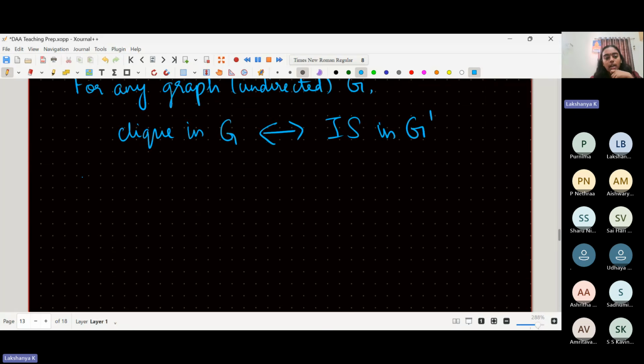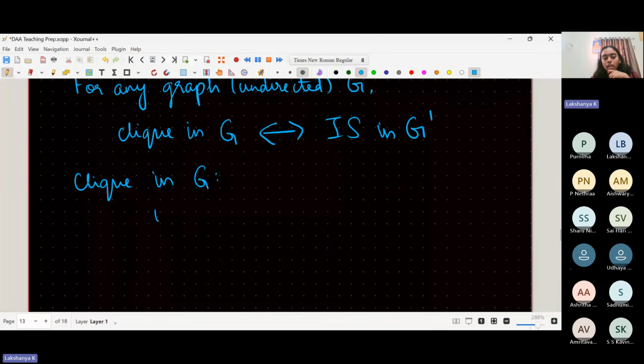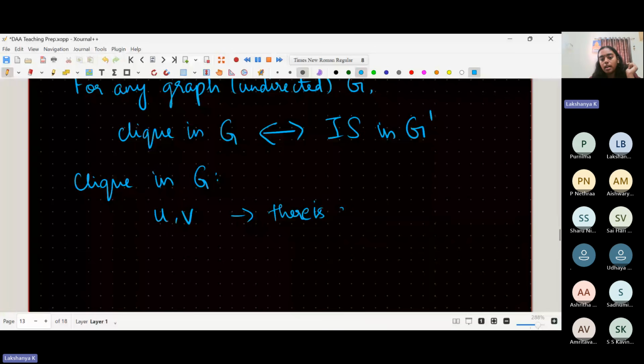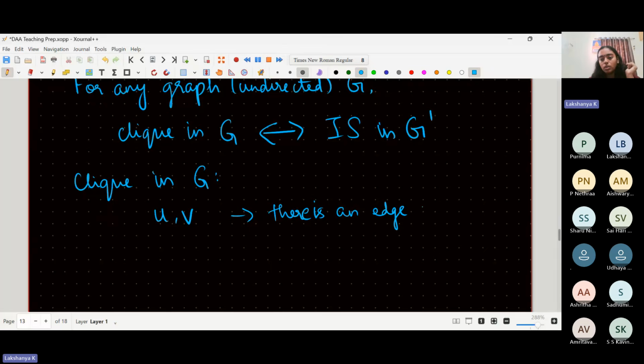So you have a clique in G. Let's say there are two nodes U and V. It means they are connected by an edge. There is an edge U to V in G. It could be V to U also, the graph is undirected.